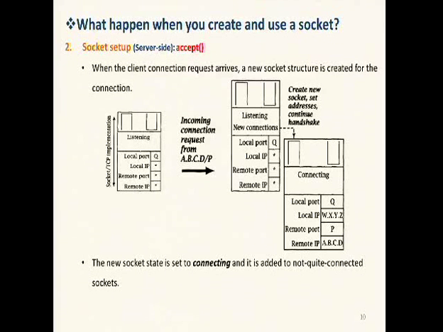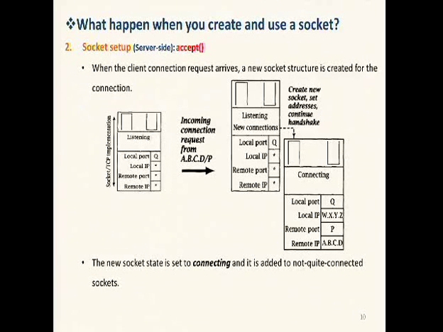At this point, we know that this is a new socket, and it has one thing in here. Remote port is P, and that's sent by the client. Remote IP address is A, B, C, D, so that's sent by the client as well. So now we almost can recognize a connection.